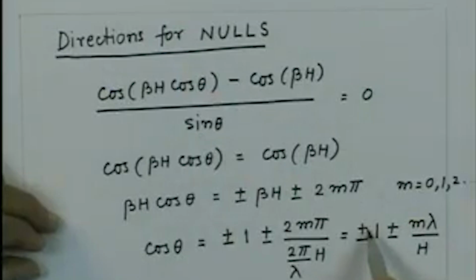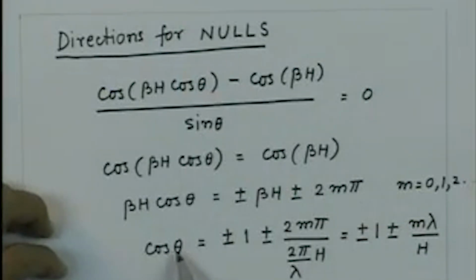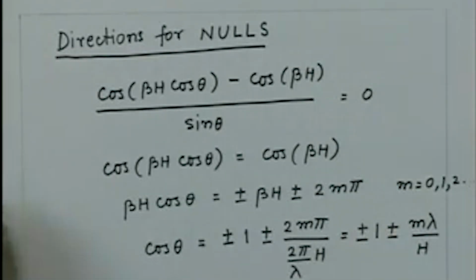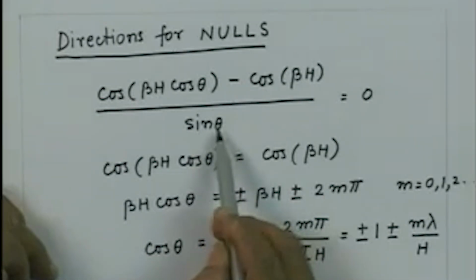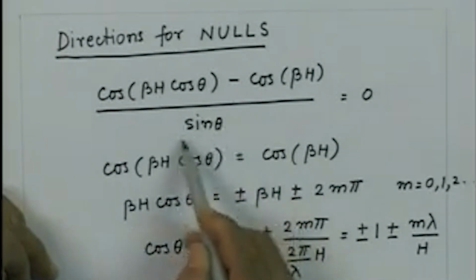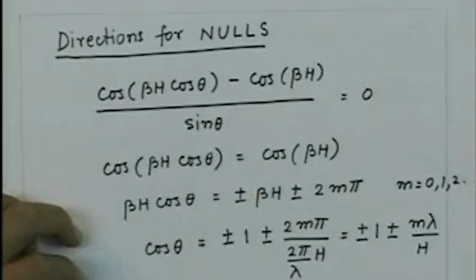One thing however can be verified, and that is when m is equal to 0, cos θ is equal to ±1, that means θ corresponds to the direction θ equal to 0 or θ equal to π. So, there is the null which is in the direction θ equal to 0 and θ equal to π. However, one should notice that when θ is 0 or π, the denominator goes to 0.